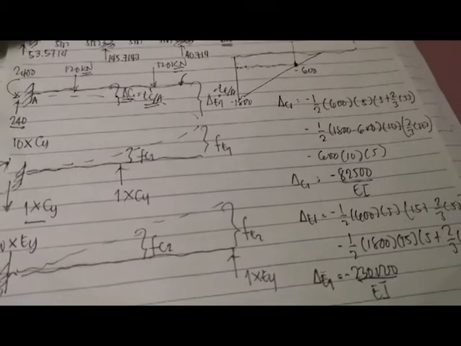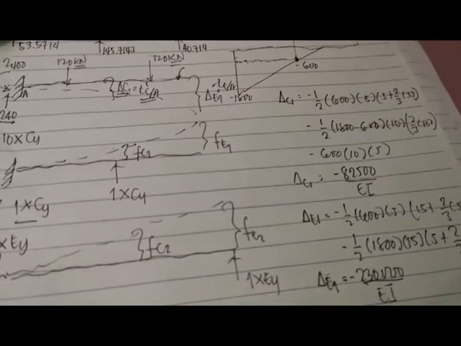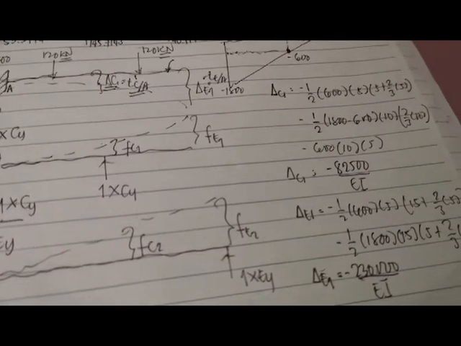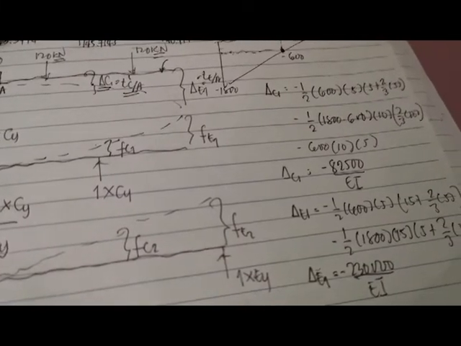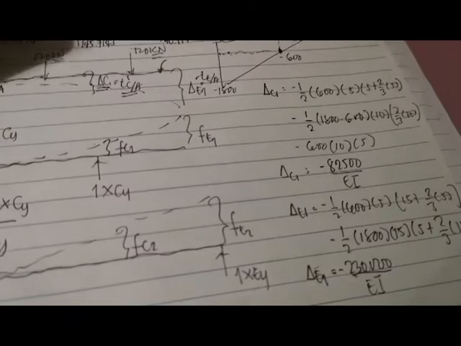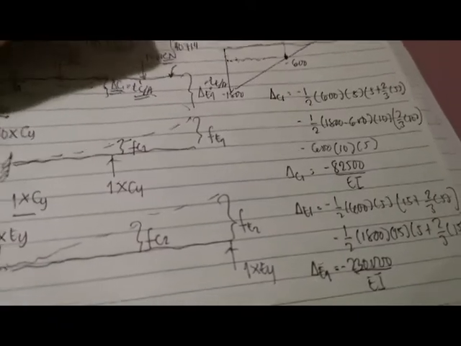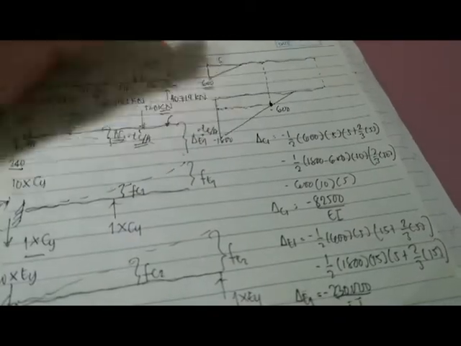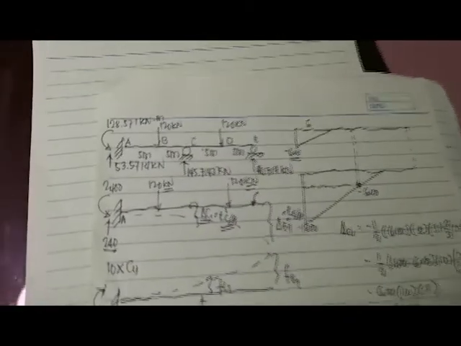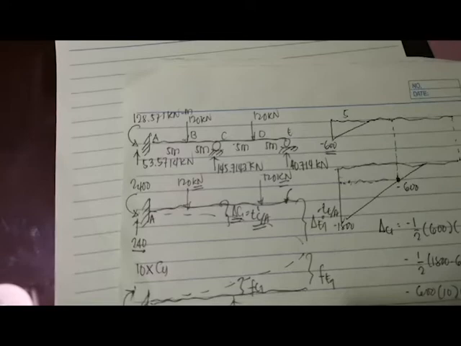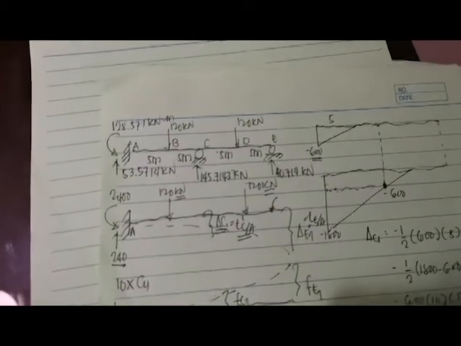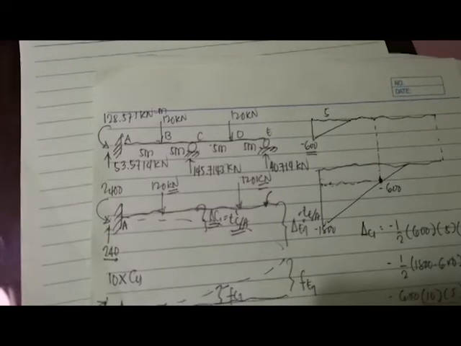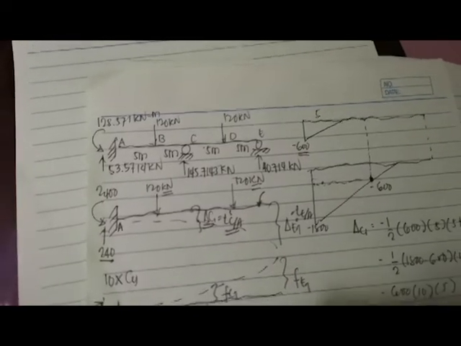So your moment at A will become 128.571 kilonewton meter. This is in kilonewton, and then in kilonewton meter. So those are our final answers, but you may check it while solving.